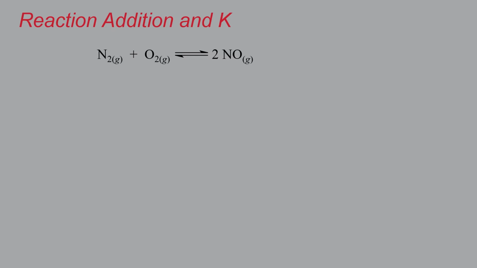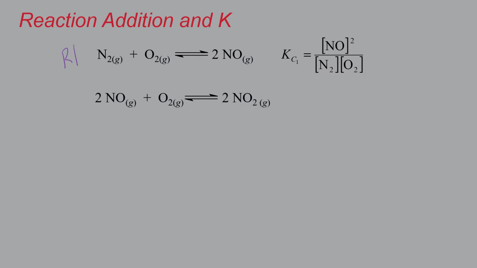I'm going to be calling here reaction 1, which is molecular nitrogen and molecular oxygen forming two nitrogen monoxides. The equilibrium constant for that reaction, hopefully you're getting good at writing these, is just going to be the concentration of NO squared divided by the concentration of N2 divided by the concentration of O2.